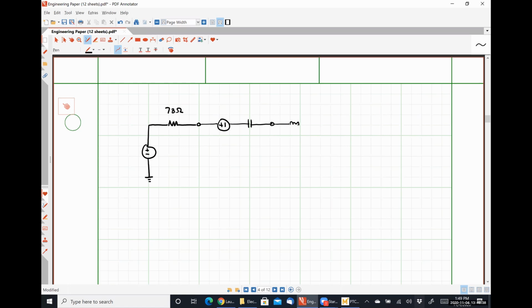In series with my inductor, in series with a resistor, in series with my 5 angle 17 degrees voltage source. So this resistor, still 10 ohms. This is the phasor current I I'm looking for.